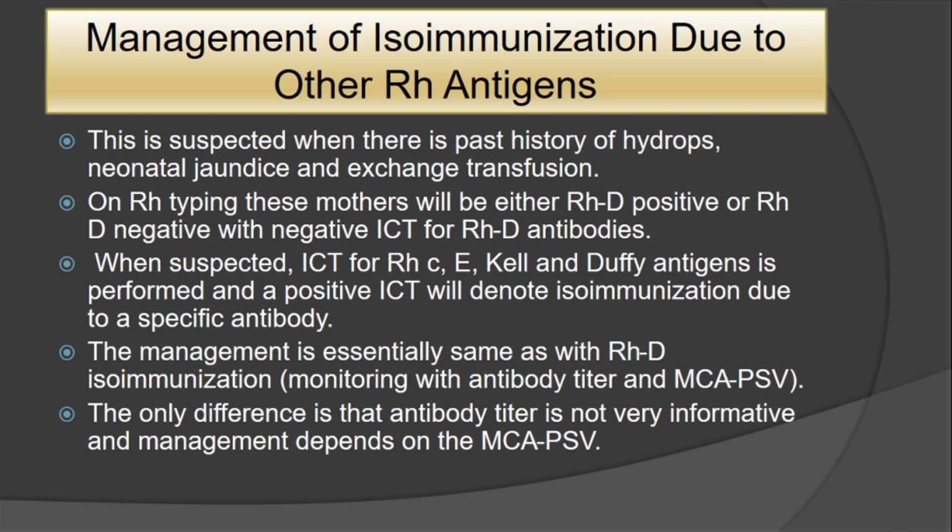Monitoring with antibody titer and the middle cerebral artery peak systolic velocity. The only difference is that the antibody titer is not very informative. So that means the management also depends on monitoring of the middle cerebral artery peak systolic velocity.